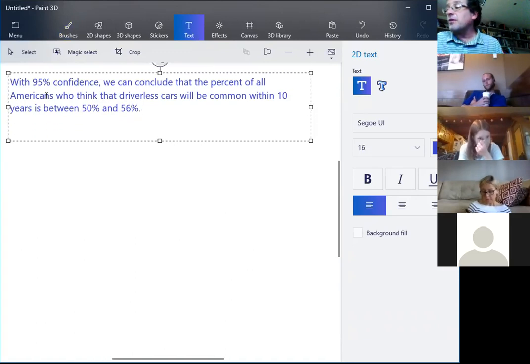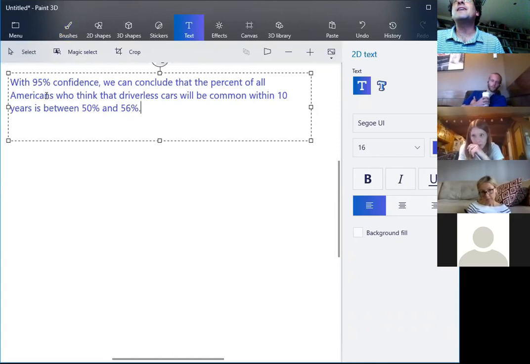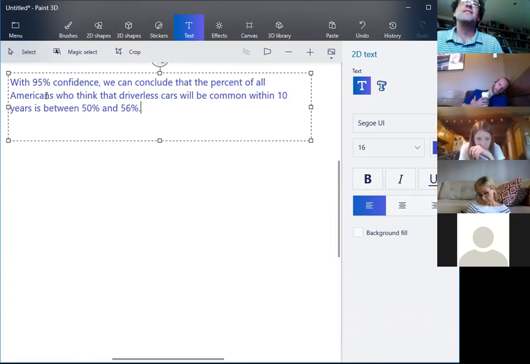There's other ways of saying it. You could say that we could be 95% confident that between 50 and 56% of all Americans think driverless cars will be common within 10 years. That's the same thing. There's other ways of noting the same thing.